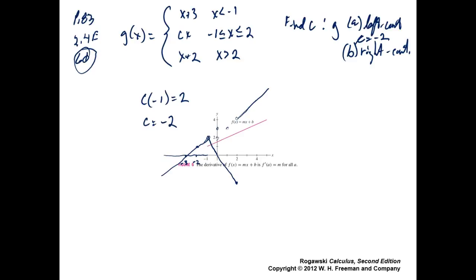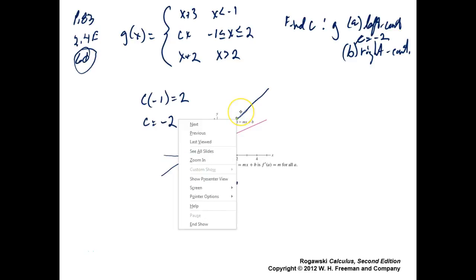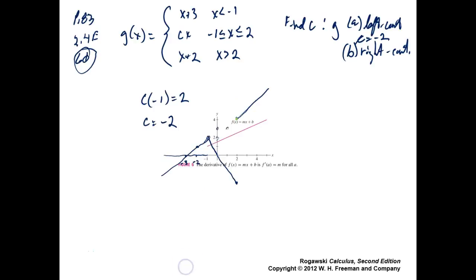In this case, we want it to be right continuous. So again, we want the point here, that point right there, to be 4, right? F of 2 has to be 4 for that to be right continuous, right?